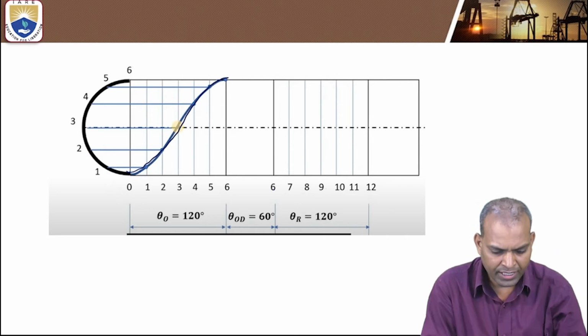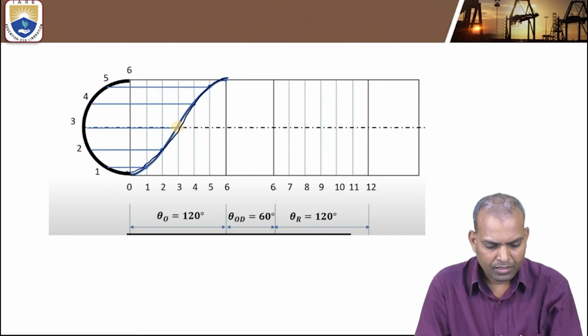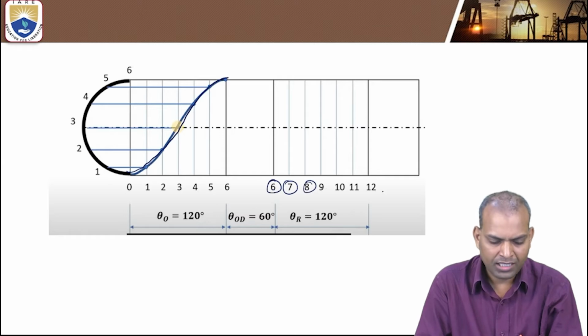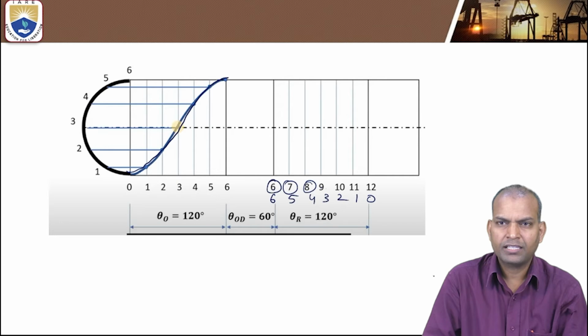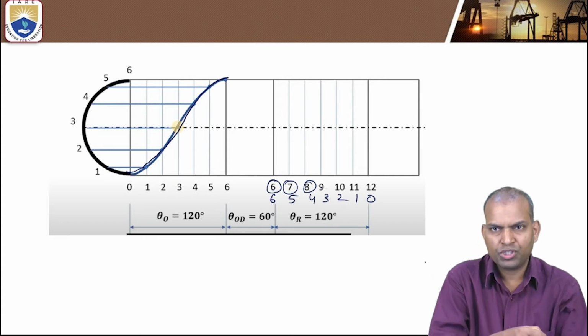That's why we are following 6, 7, 8, 9, 12 like that. You can make it like that also: 6, 5, 4, 3, 2, 1, 0. So it comes back to its position.